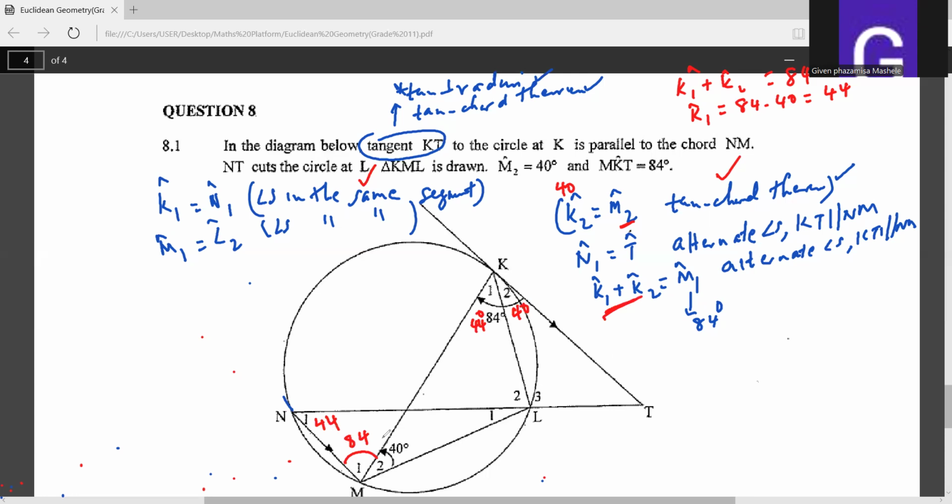And if M1 is 84, even L2 is also 84, because L2 equals M1, angles in the same segment.